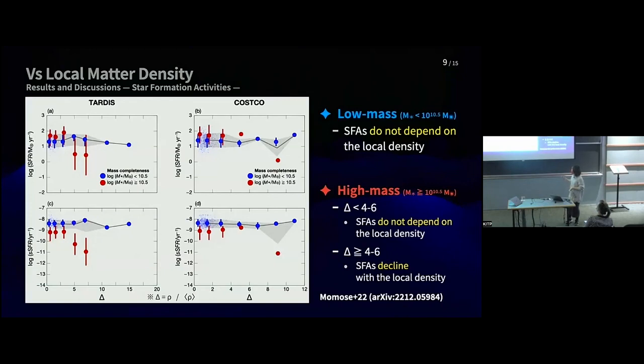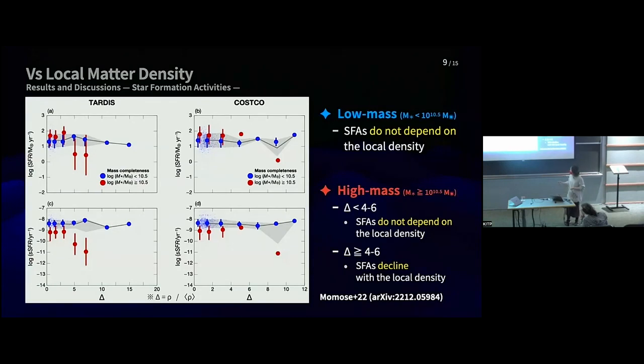Okay, so these are the median star formation rate and specific star formation rate as a function of matter density contrast delta. We divided our galaxy sample into two based on their stellar mass, with the threshold at 10 to the 10.5 solar mass, and examine the dependence on the density.